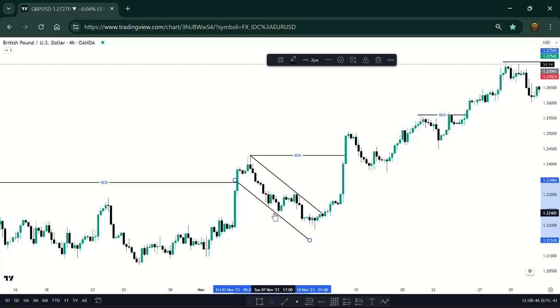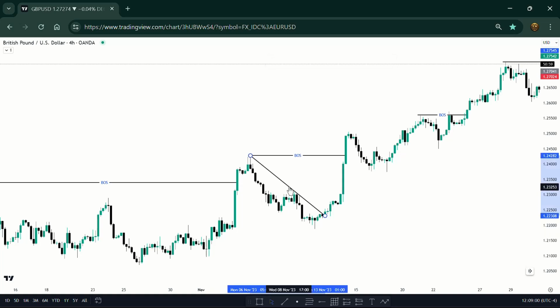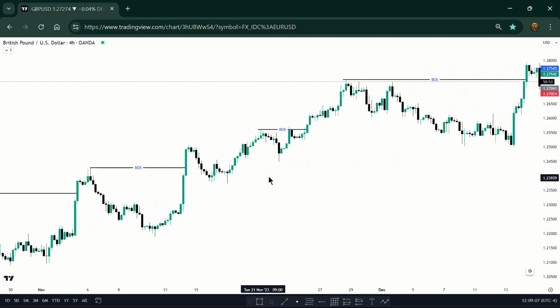The resistance trend line is because there are a lot of sellers. The support trend line is because there's a lot of buyers. So at that point, that's where they are trying to buy, and on resistance, that's where they are trying to sell. Guys, if it was that simple, we would just be billionaires, I'm telling you.